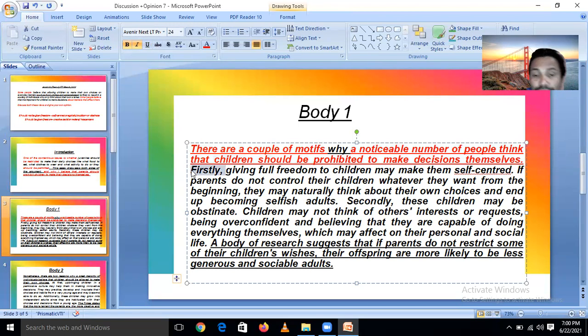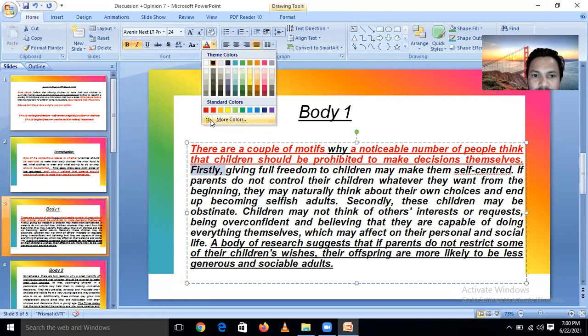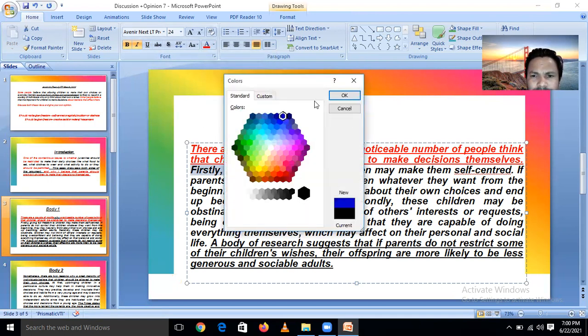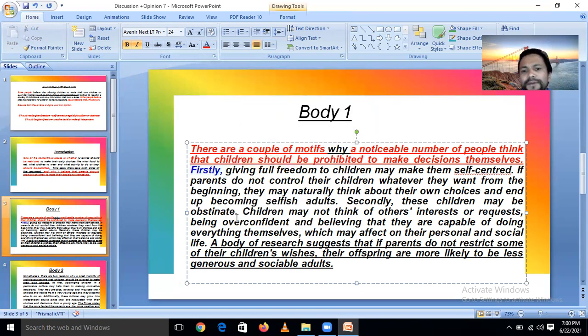Firstly, then you need to use step language: firstly, secondly. Look at this. Firstly, giving full freedom to children may make them self-centered. They can be self-centered or selfish.